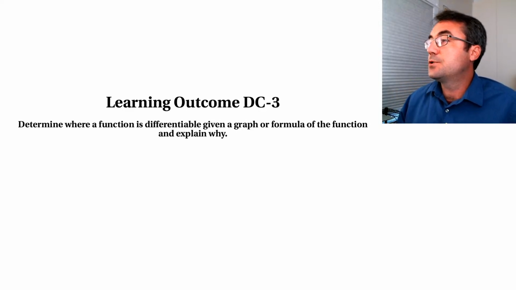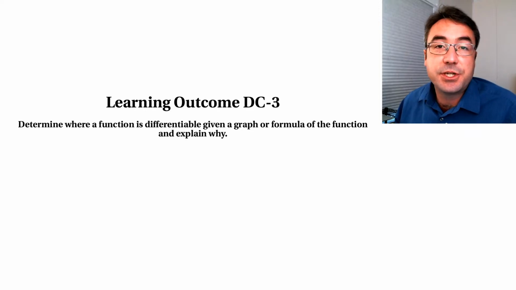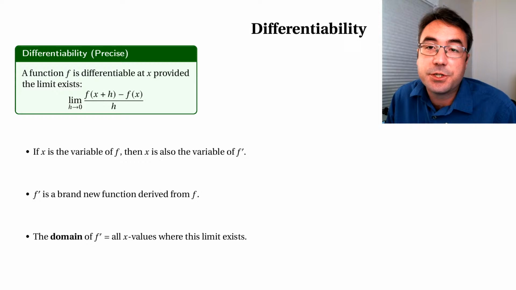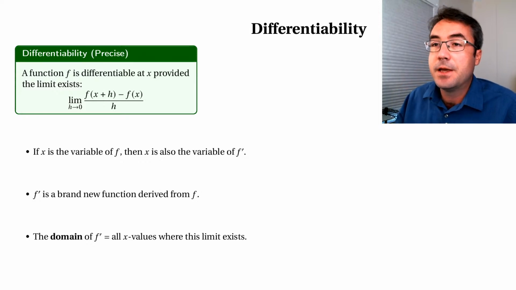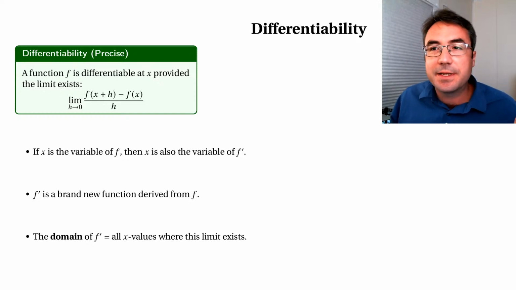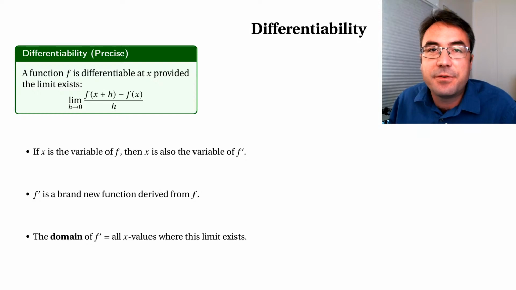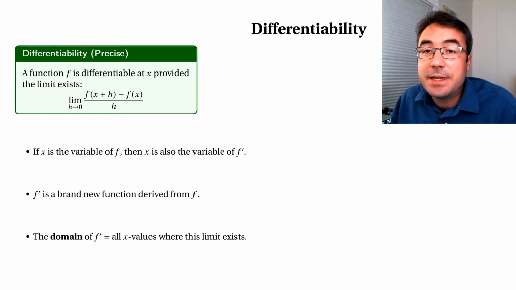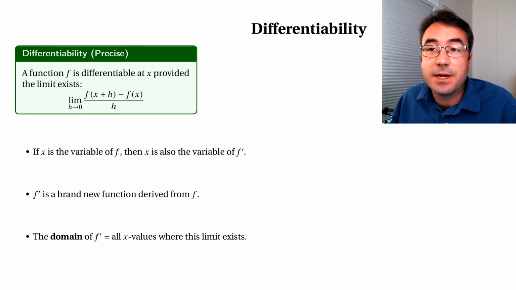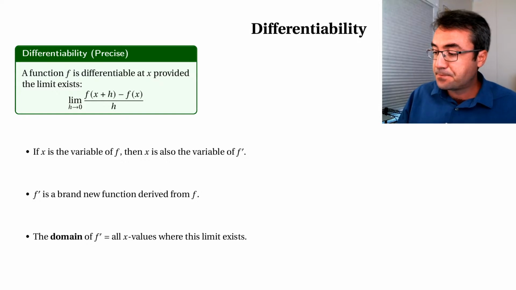So let's just first recall the definition of, essentially, what it means for a function to be differentiable. So we say a function f is differentiable at x, provided our usual limit exists. So the limit of f of x plus h minus f of x, all over h, as h goes to 0. And that's what it means for a function to be differentiable. That limit exists.